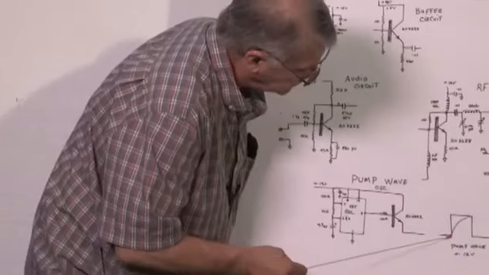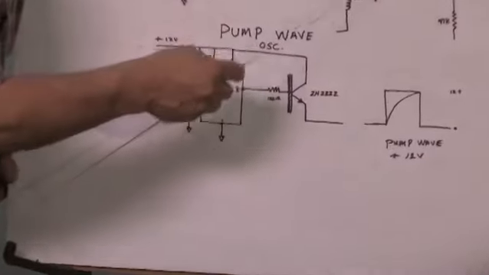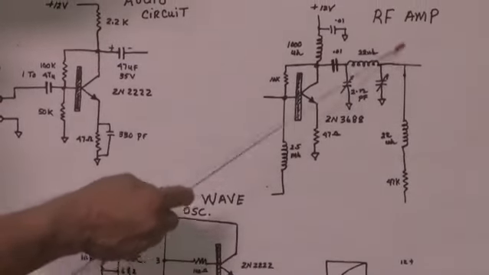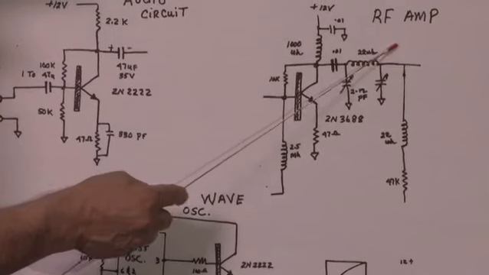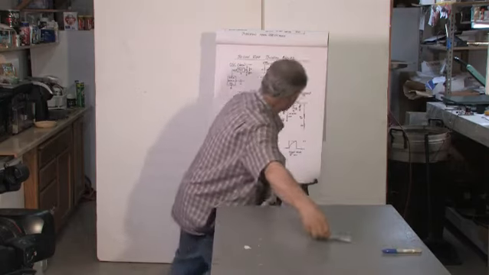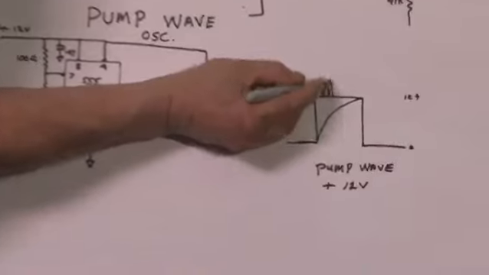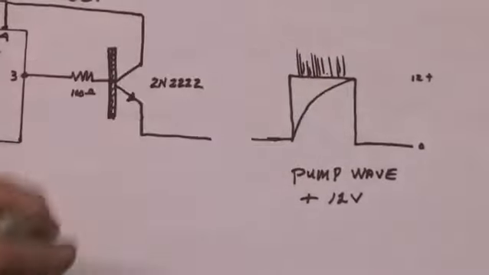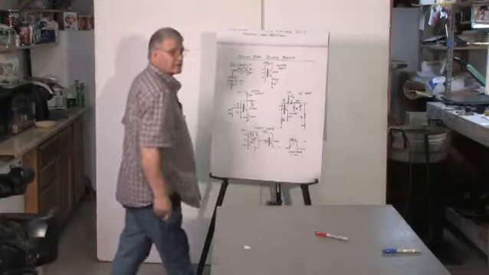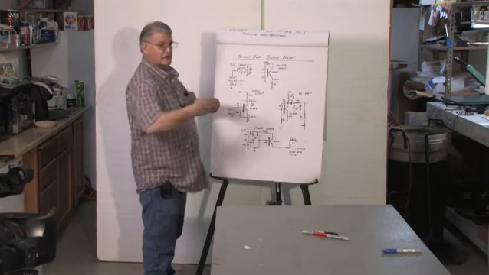It comes on at 0, goes up to its 12 or 11.5 volts, and then the RF oscillator, this pump wave, when it starts to pump this, it ends up here with a DC pulse, and what ends up on the DC pulse is this, which are the sidebands. And so now it's on the DC. And that's how you get it into the body.